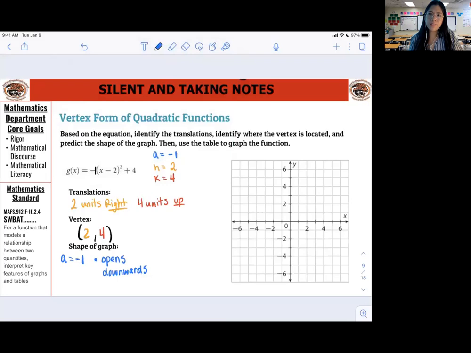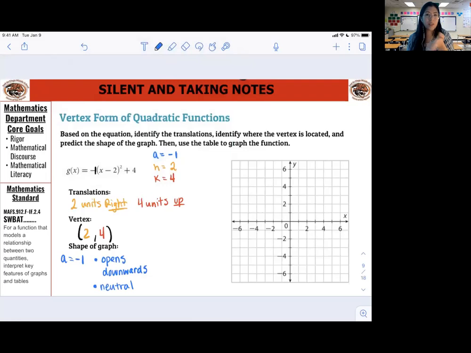1. It's a negative, but it's still a 1. What does a 1 do? Nothing. So the only thing that's happening is that it's opening downwards, but it's not stretching, it's not compressing, it's going to be neutral. The negative sign is what makes it flip, but the actual number itself controls the width.